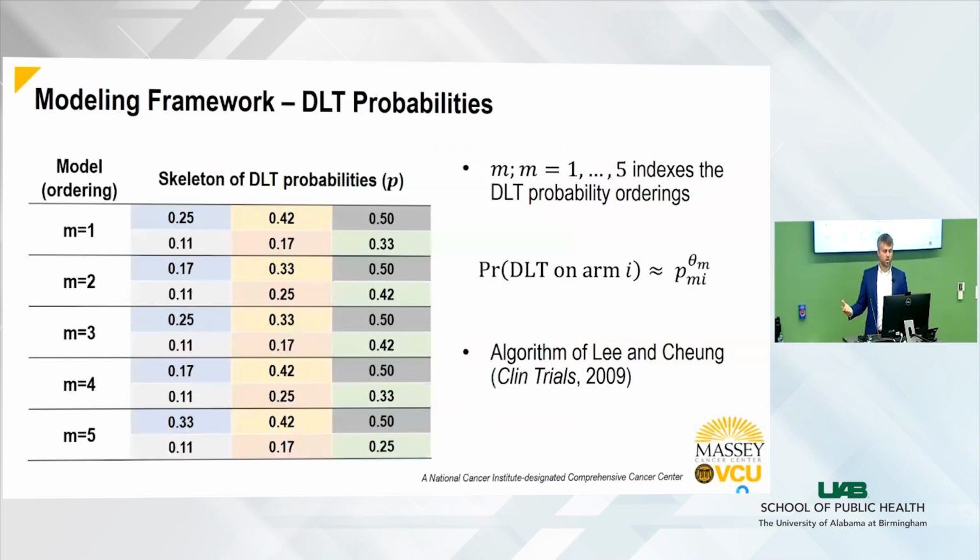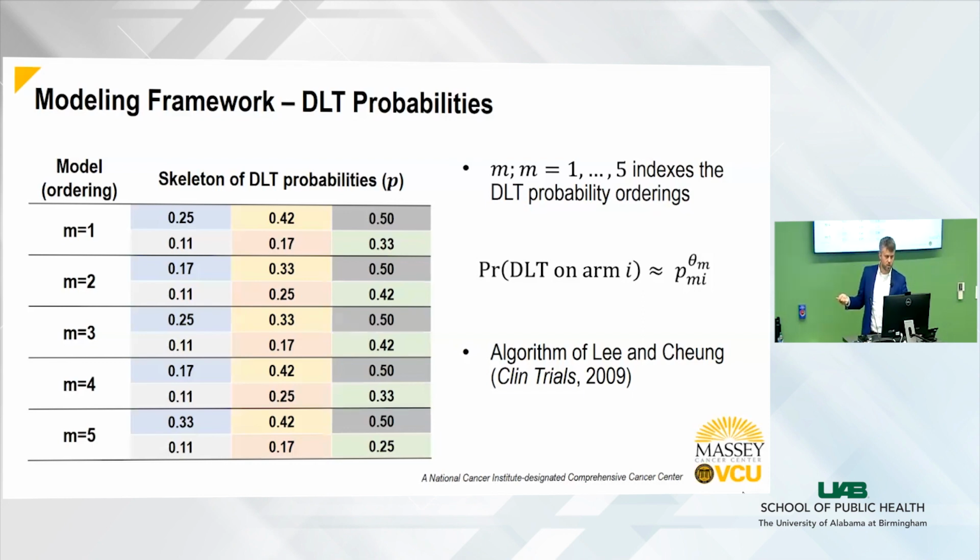All right, so again, I could go through a whole talk perhaps, or at least half of one on how to choose these values. Happy to answer any questions on that. But again, we have this simple power model, right? These prior guesses or pre-specified constants for probabilities of DLT that reflect those orderings, right?